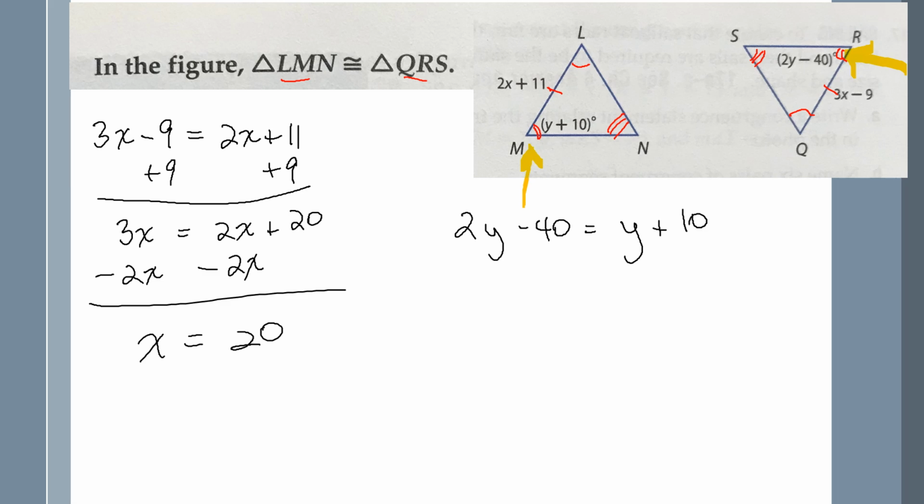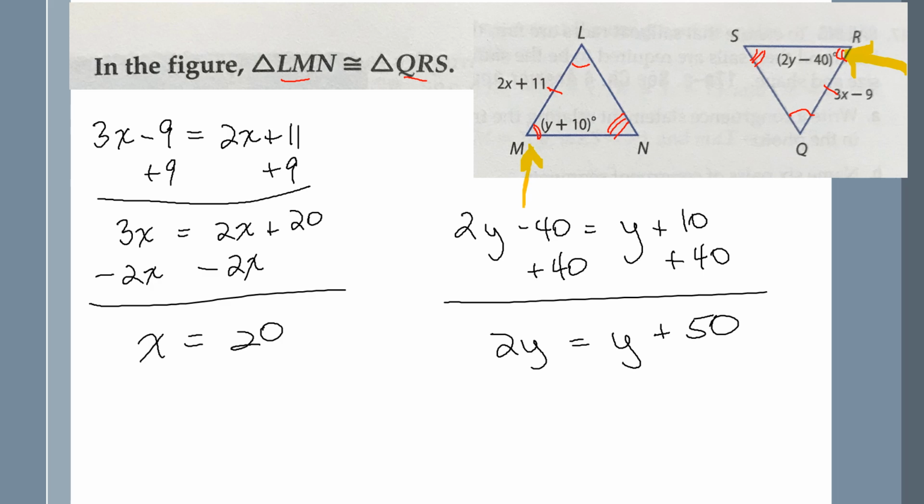I'm going to add 40 to each side. So 2y equals y plus 50. Subtract y from each side, and y is equal to 50.